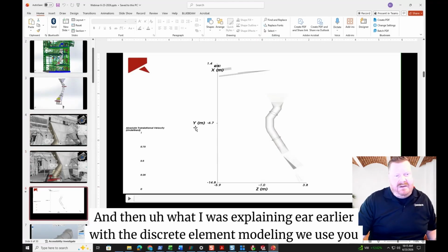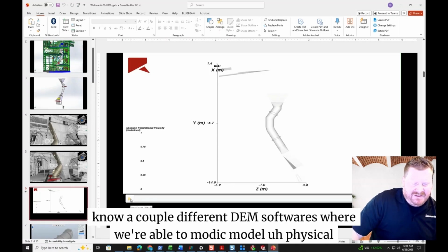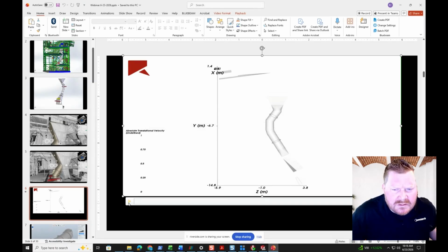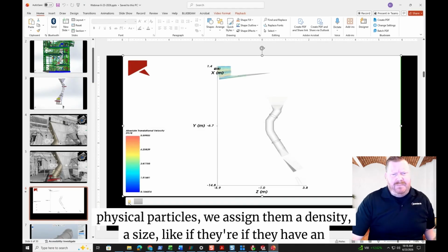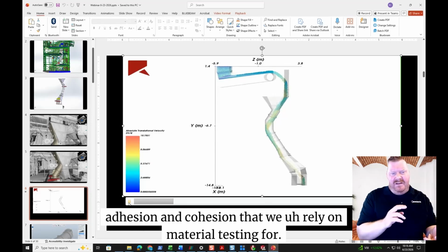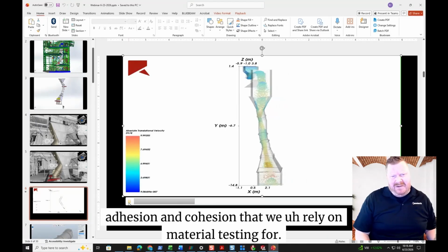And then what I was explaining earlier with the discrete element modeling, we use a couple of different DEM softwares where we're able to model physical particles. We assign them a density, a size, and if they have an adhesion and cohesion, we rely on material testing for that.